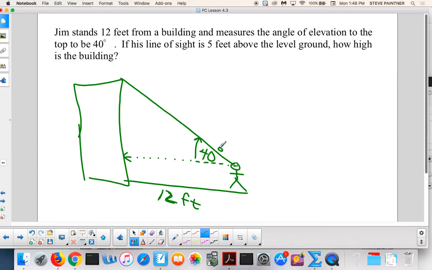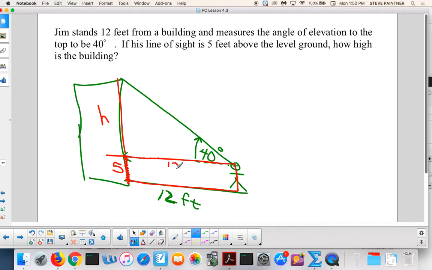Okay, but then if you keep reading, if his line of sight is 5 feet above the ground, how high is the building? Well, do you realize from here to here is how high? 5 feet. So it's 5 feet plus this distance, the height. Can I call that h for height? What else am I missing? Oh, the 12, it's right here. This is 12, but so is this, isn't it?